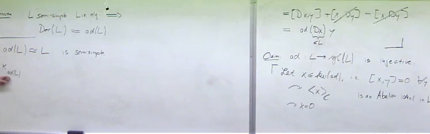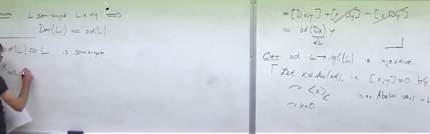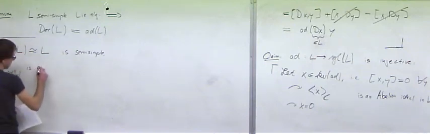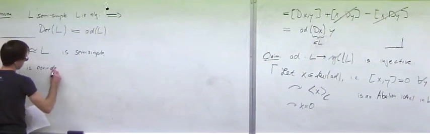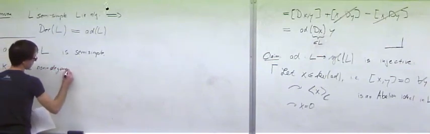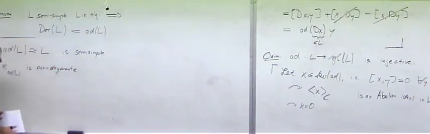So the Killing form of the Lie algebra ad L, the image of the adjoint map, is non-degenerate. Just because of this criterion: being semisimple is actually equivalent to the Killing form being non-degenerate.